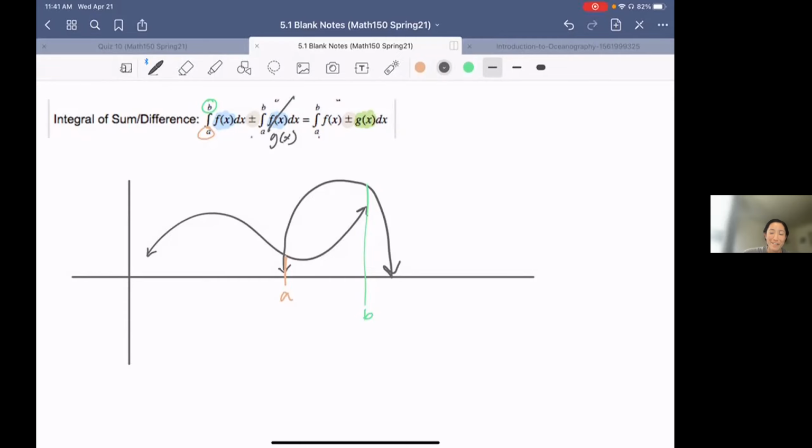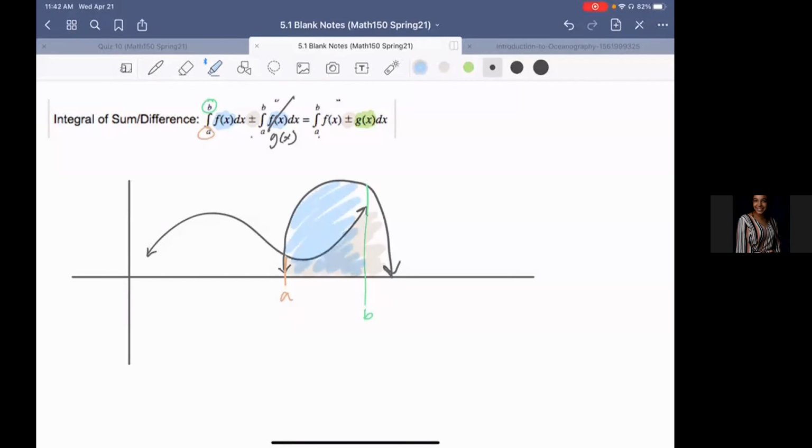All right, so you see where your A and your B are? Yeah. And you see how you have the f of x function? Can you shade the region between that curve and the x-axis? This one. Yes. Okay, so that would represent that first integral there. Now, if you said, I want to shade the region from A to B between g of x and the x-axis, what would that look like?